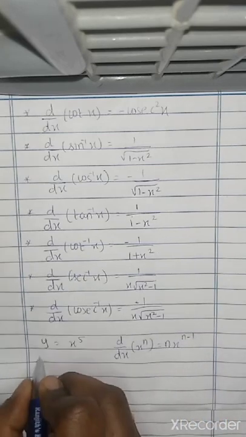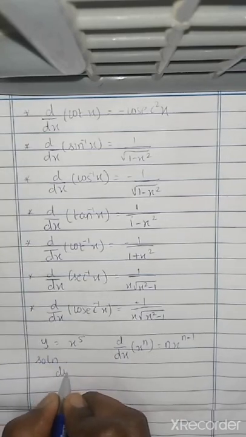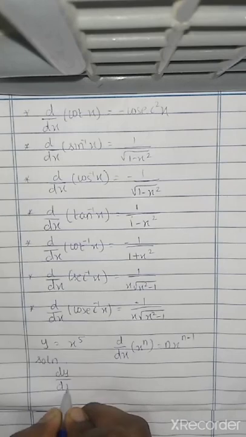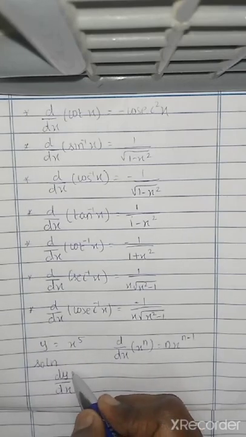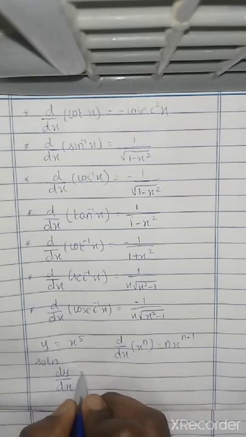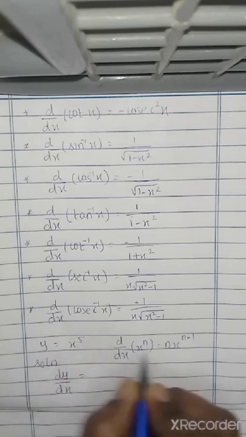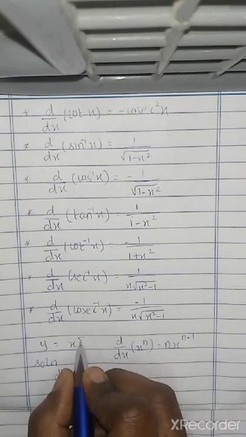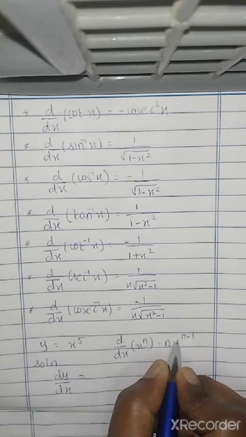So dy by dx equals, differentiating x power 5, 5 will come in front: n x power n minus 1.